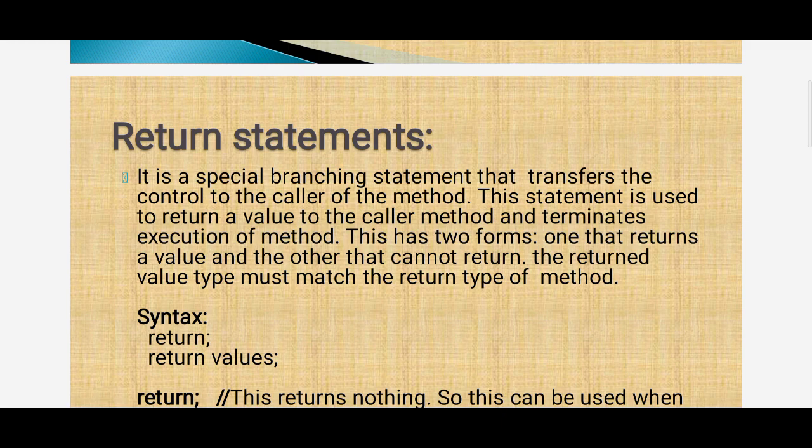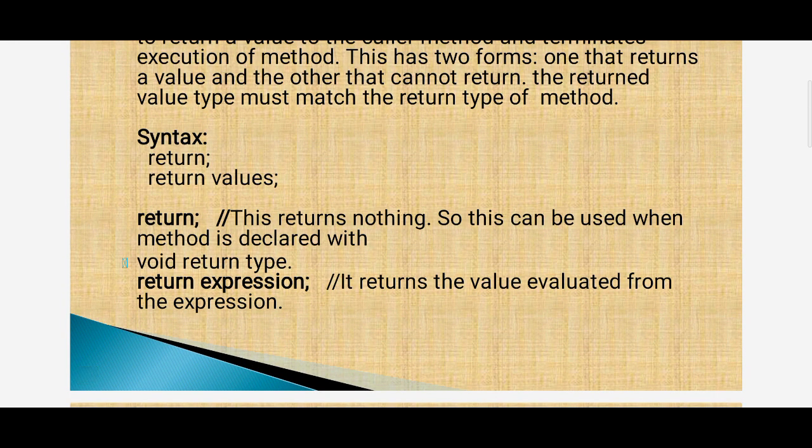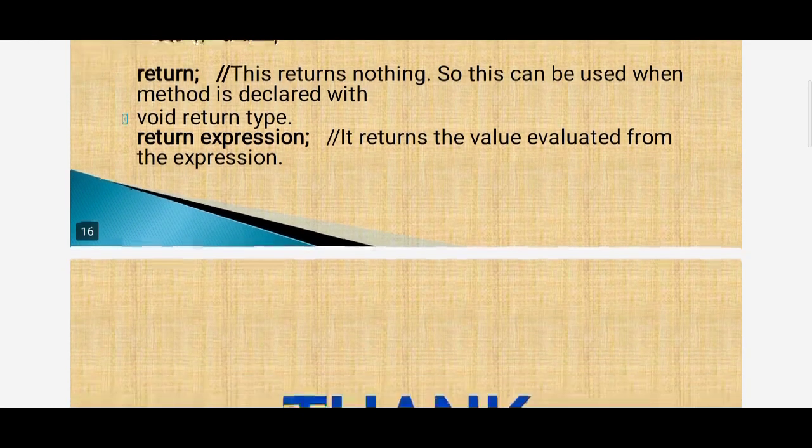The returned value type must match the return type of the method. Syntax: return; this returns nothing, so it can be used when the method is declared with a void return type. Return expression returns the value evaluated from the expression.